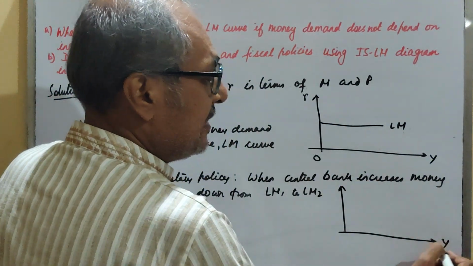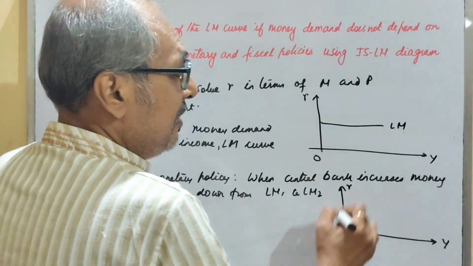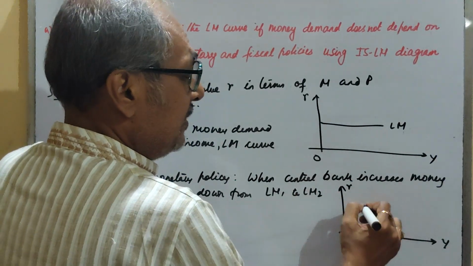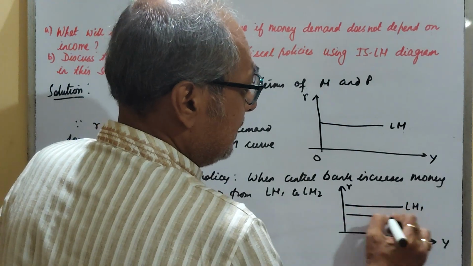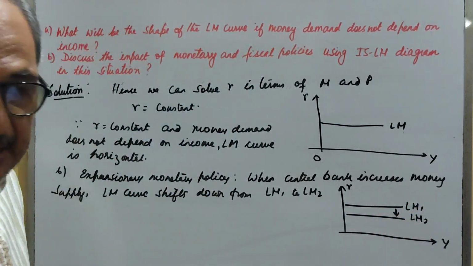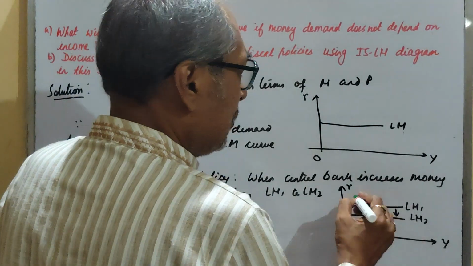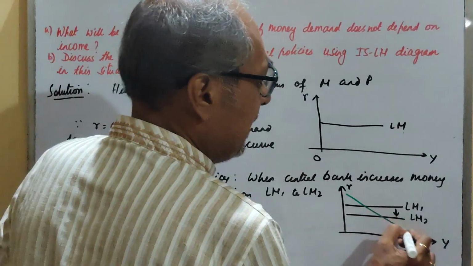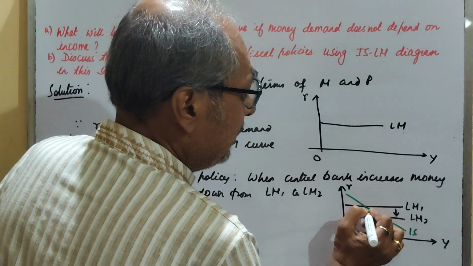On the horizontal axis, we are measuring income Y. On the vertical axis, we are measuring rate of interest R. Now, the LM curve shifts down. This is LM1 and this is LM2. Now, the IS curve is downward sloping. I is investment, S is savings.